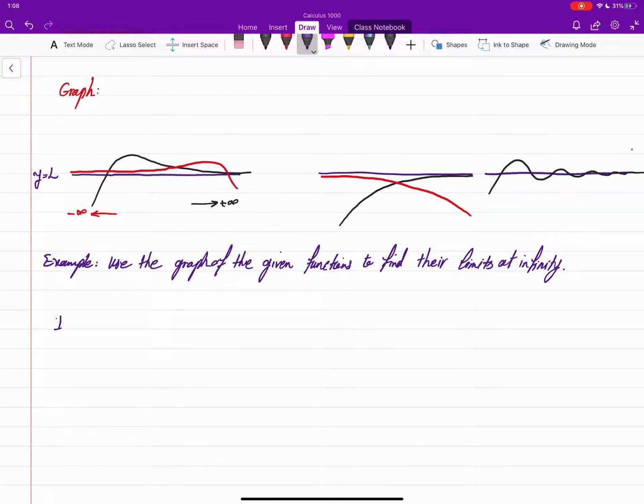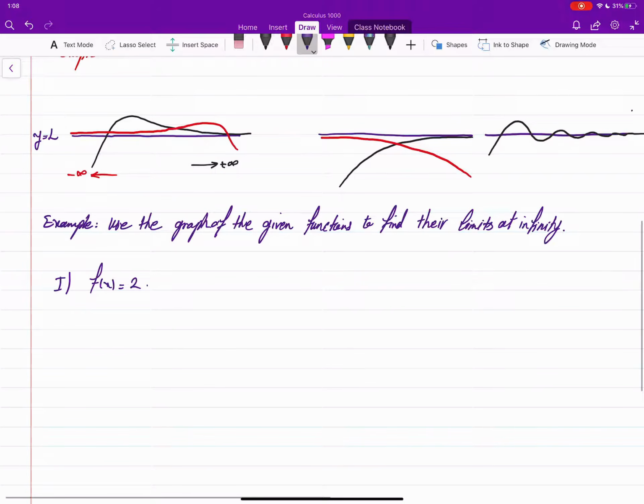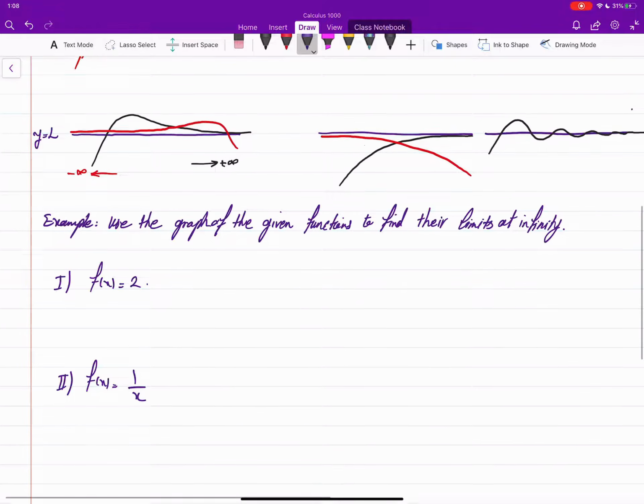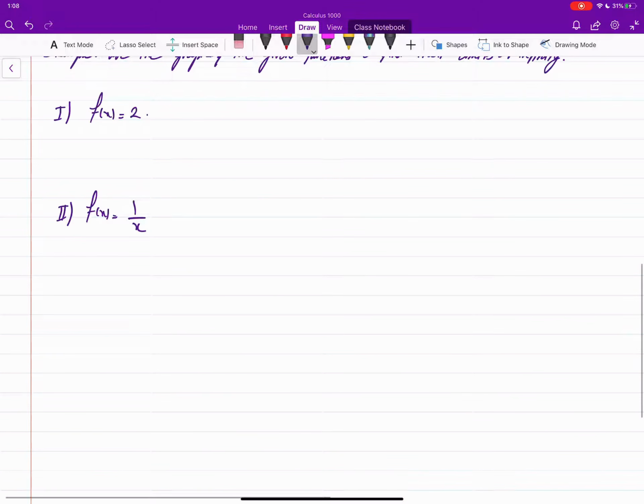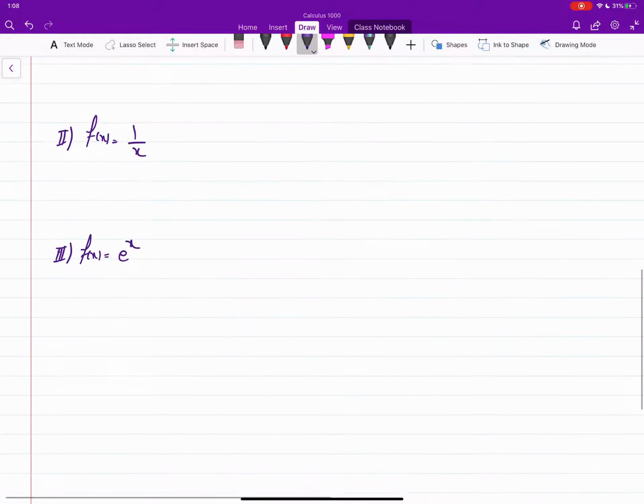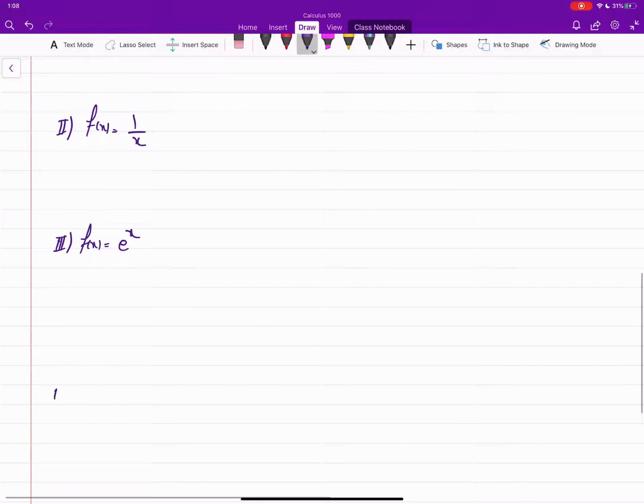The first one is the constant function, f of x is equal to 2, for example. The second one is f of x equals 1 over x. The third one, f of x is equal to e to the power x. And the fourth one is f of x is tan inverse of x.